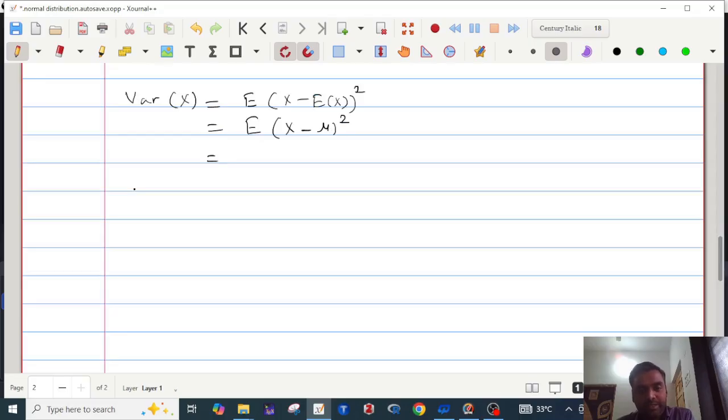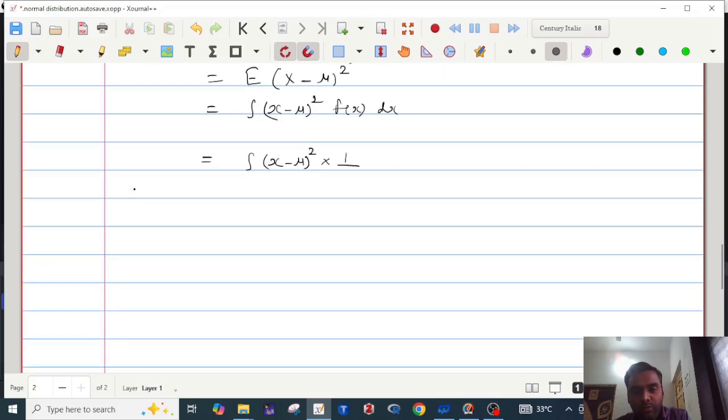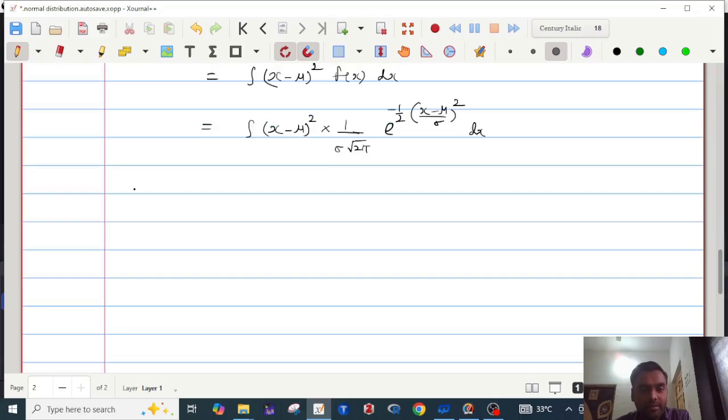This expectation of x minus mu bracket square is integration x minus mu bracket square into 1 upon sigma root 2 pi e raised to minus 1 half x minus mu upon sigma bracket square dx.